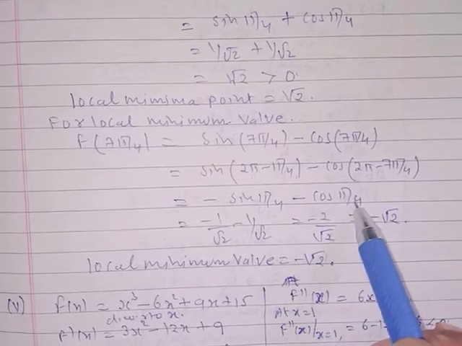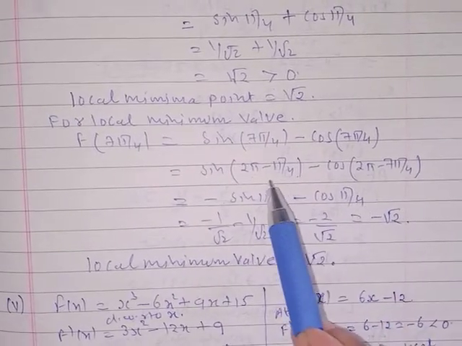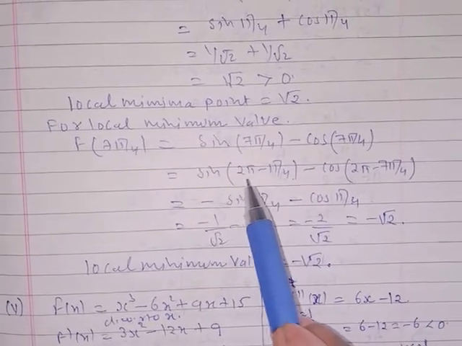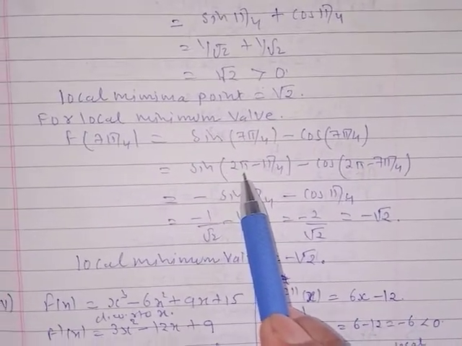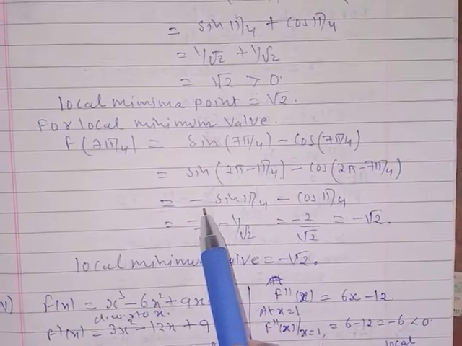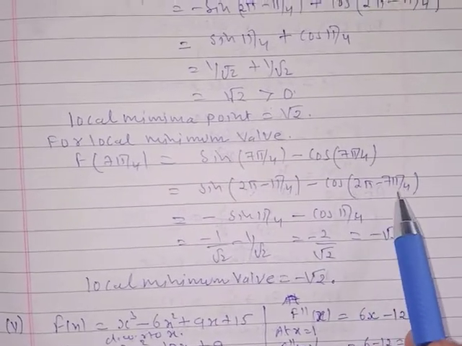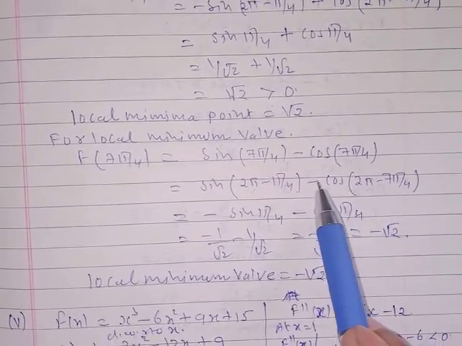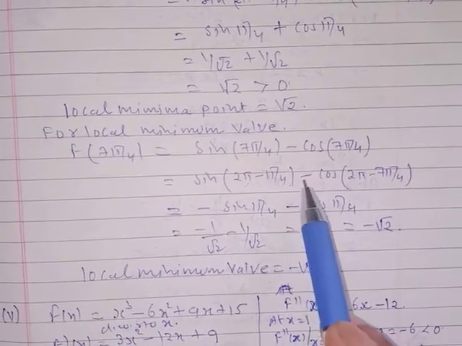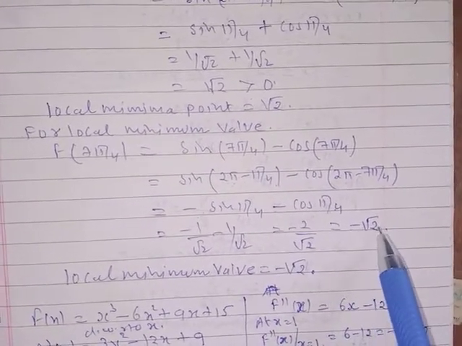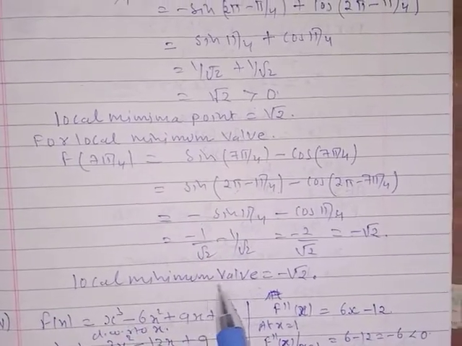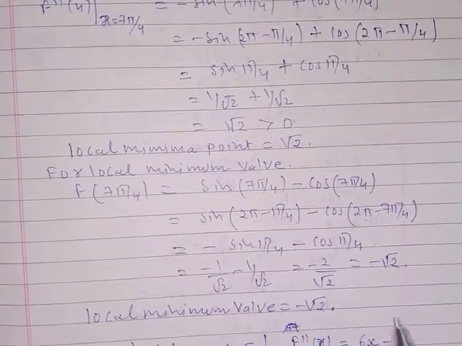So sin 2π minus π/4 is negative, and cos of it is positive, so it remains negative. Got it? Now you substitute and get the value, you will get minus root 2. So the local minimum value is minus root 2.